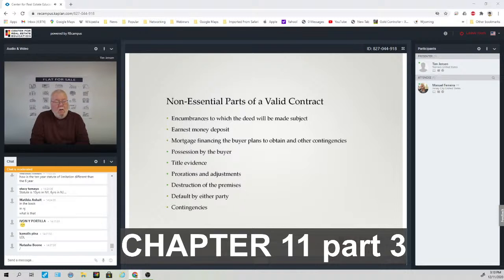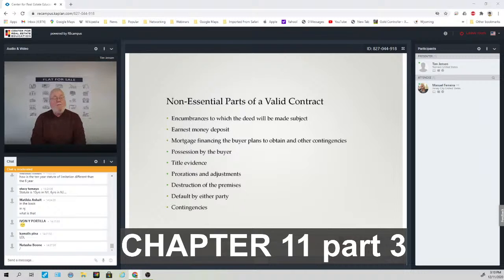Now, if either defaults, then we talked about what the penalties could be: rescission of contract, sue for compensatory or liquidated damages, or sue for specific performance. And every contract has contingencies or things that must be performed.